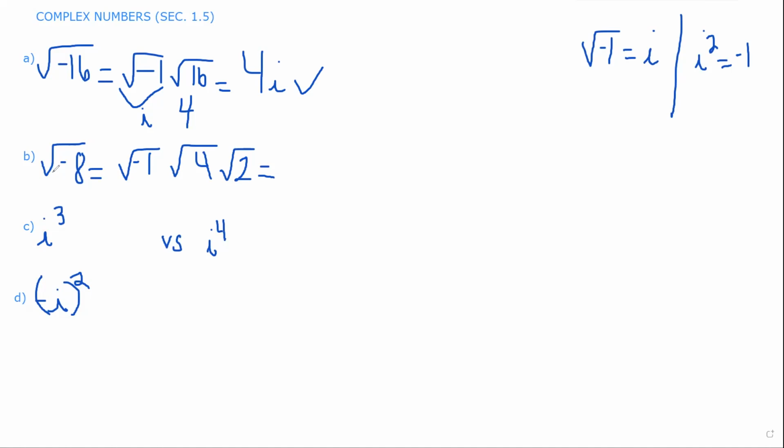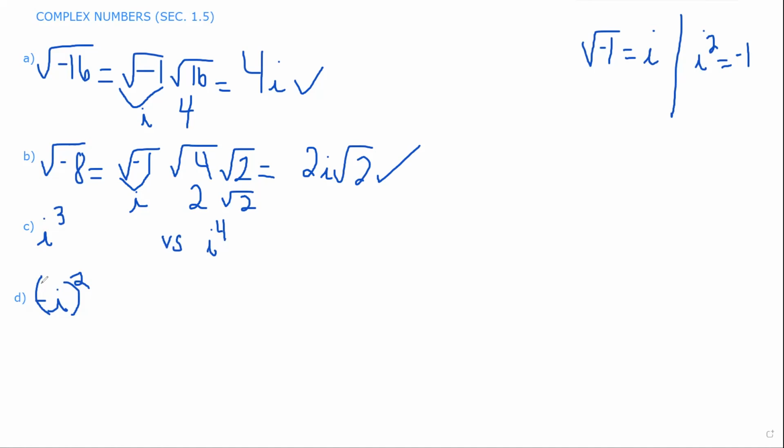So once again, I will rename the square root of -1 as the imaginary unit i. Square root of 4 will drop down to 2, and that leaves me with the square root of 2. So that becomes 2i times the square root of 2, final answer. So hopefully you see the process is not too bad here.